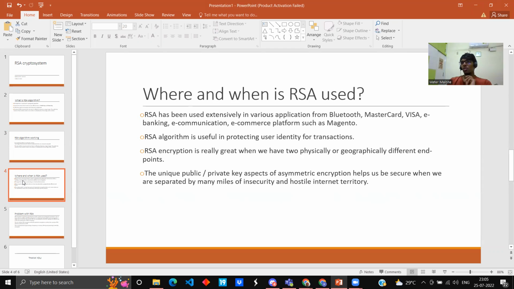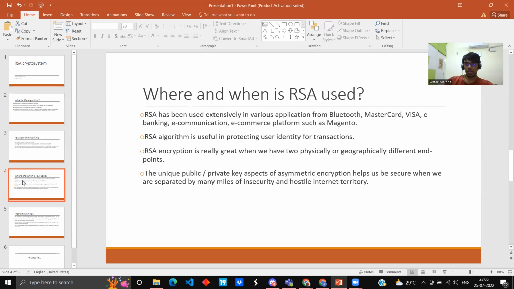So when would you ideally want to use it, or what is the advantage of RSA? This works well if the sender and the receiver are sitting in two very vast, geographically distant places. So if I was to sit here in Chennai, and if I was to send a message to somebody in New York, this would be a very good algorithm to use, because when I'm sending this signal, I'm sending it through some unknown territory, maybe hostile territory.